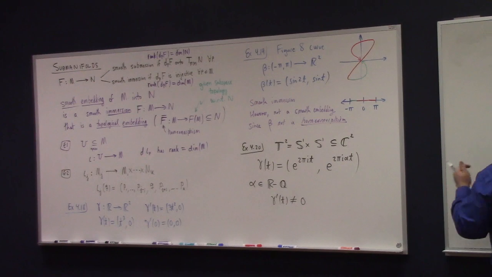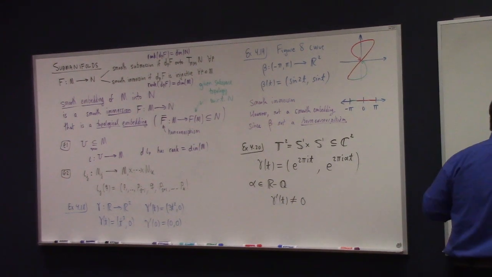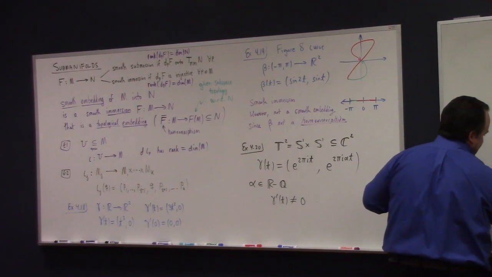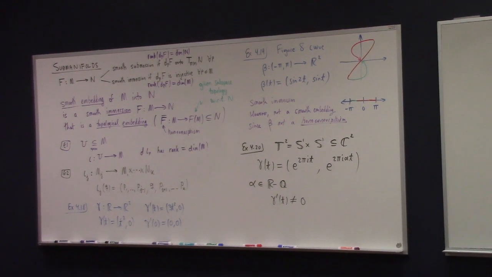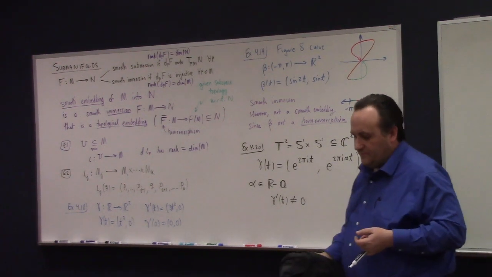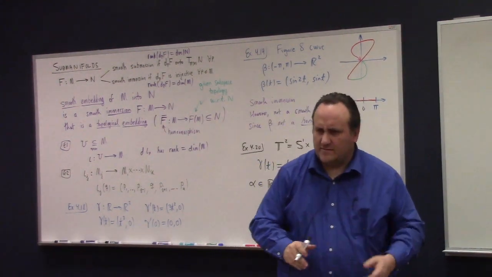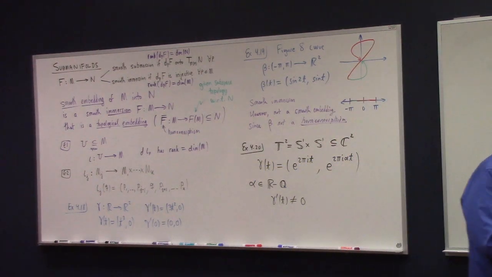So there are different kinds of submanifolds that you can talk about. There are embedded submanifolds, immersed submanifolds, weakly immersed submanifolds, properly embedded submanifolds, and, comfortably embedded. I like that. That's funny.